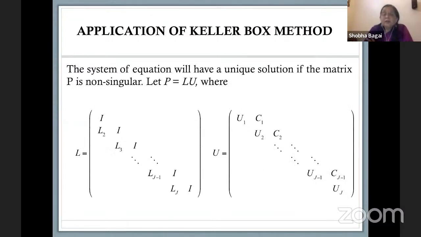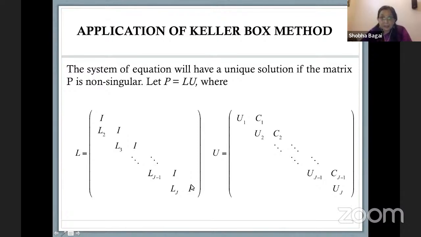Then once we have got the tridiagonal system, then we understood that it will have a unique solution if the matrix P is non-singular. So you have an LU decomposition of the matrix P, right? Where L is the lower triangular matrix with its diagonal elements as the identity matrix.